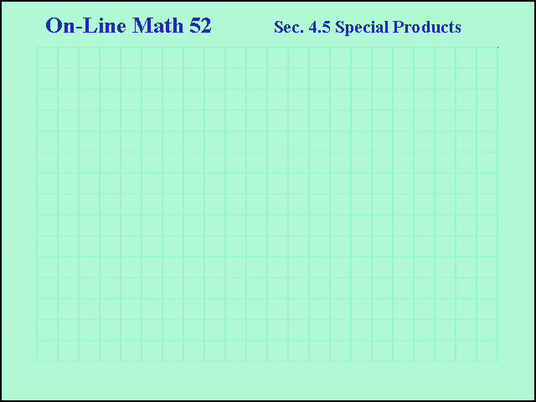As I mentioned in the section 4.4 tutorial, even though I have a one-step method for you, you're not required to use one step. You can go back to the beginning and do all the distribution and identifying like terms and combining them.